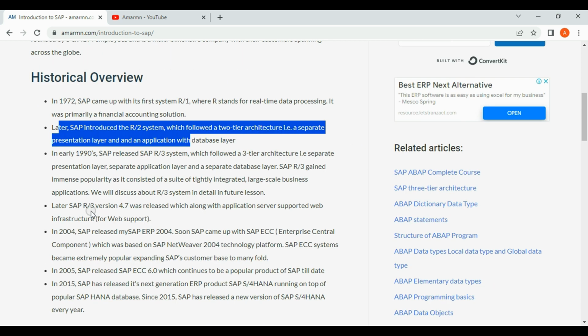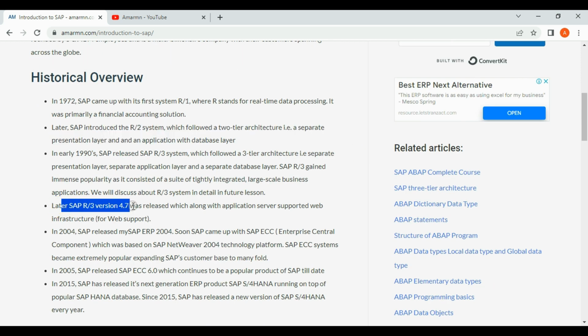One of the most popular products of SAP was SAP R3 4.7. This was immensely popular, and the reason for its immense popularity was that it had inbuilt support for web infrastructure. That means it was enabled to collaborate with the web.